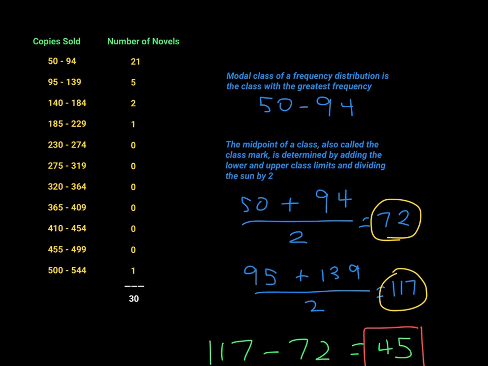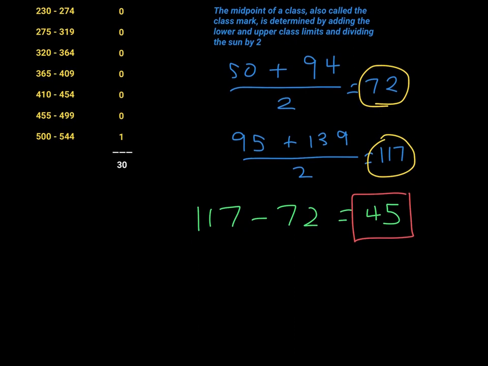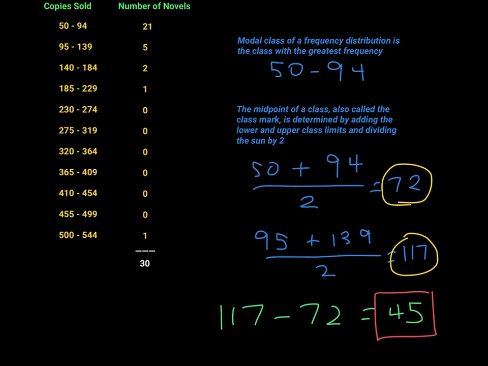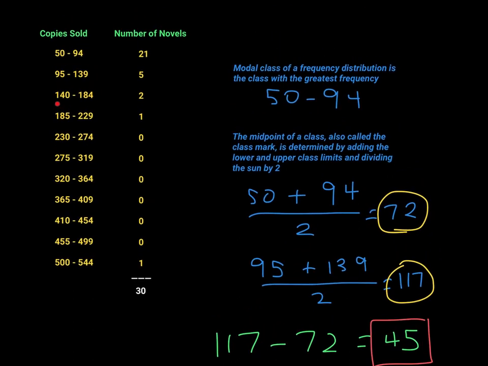But now that I know a few of the class marks, all I need to do is take the previous class mark, which was 117, right? And just add 45 to it. That is 162. 162 is the class mark for this third class right here.